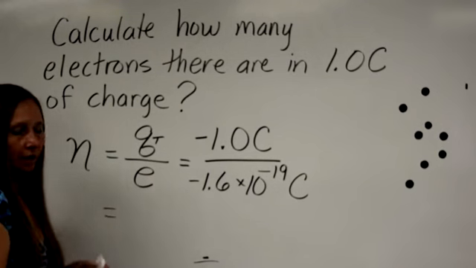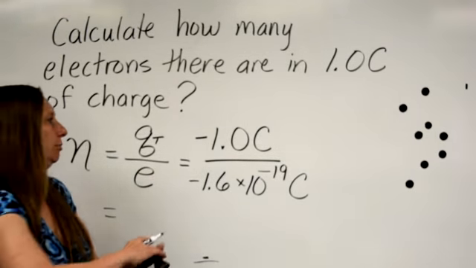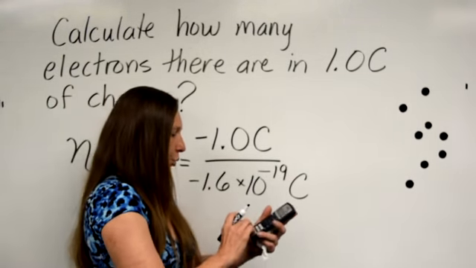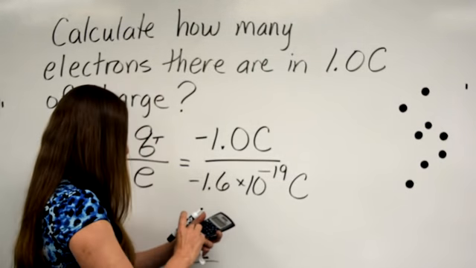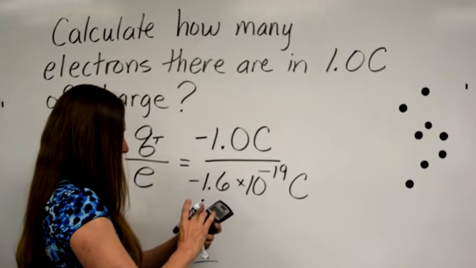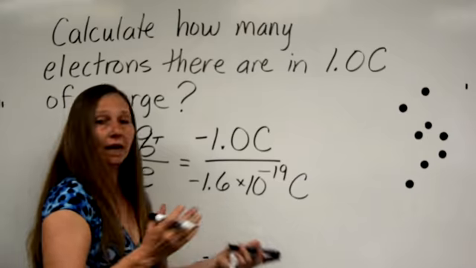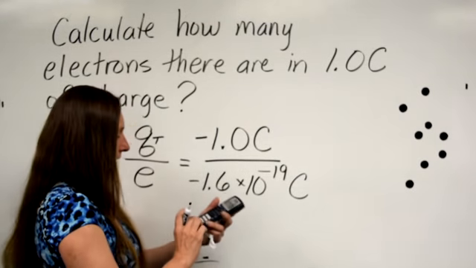So you pick up your calculator and you put in 1, divided by 1.6 times 10 to the negative 19, however you put exponents into your calculator.